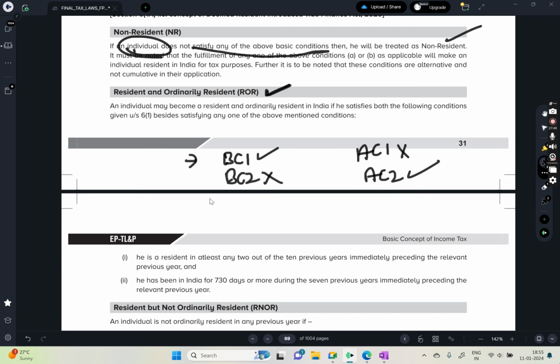Sir, he is a resident, but he is not an ordinary resident because a single basic condition is satisfied, but not both of the additional conditions. That's why he is not an ordinary resident. Yes, he is a resident because any one of the basic conditions is satisfied. He is not an ordinary resident because one of the additional conditions is not satisfied. Very good. If he had satisfied all the additional conditions, then he would have become ROR. Okay, very good.